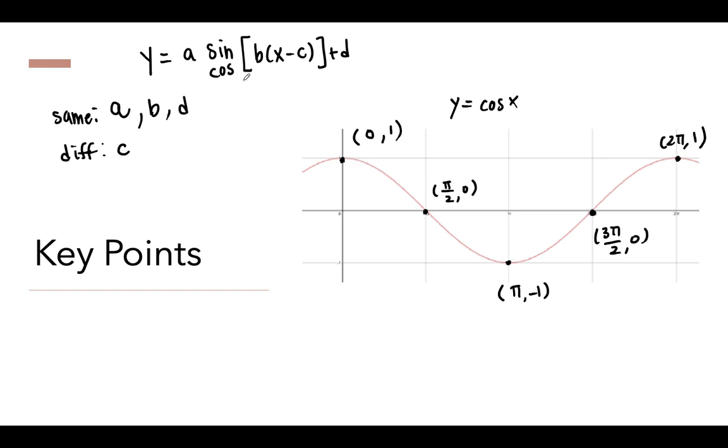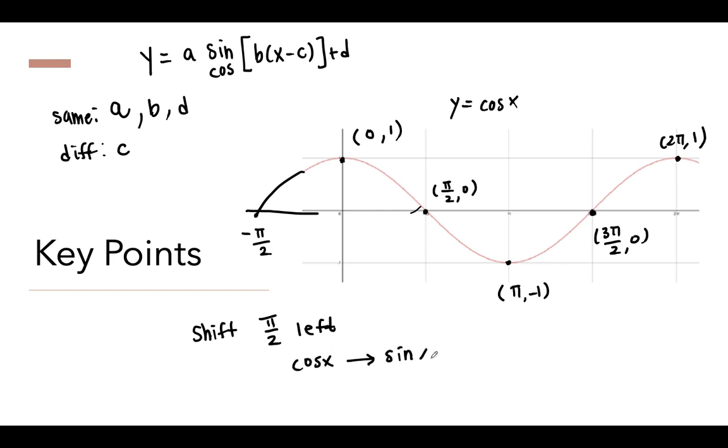So to go from sine to cosine, all you need to remember is that they have been shifted 90 degrees, which is pi over 2. If I were to shift pi over 2 to the left, in this case negative pi over 2, then you are able to go from the cosine to the sine graph, in terms of one cycle.